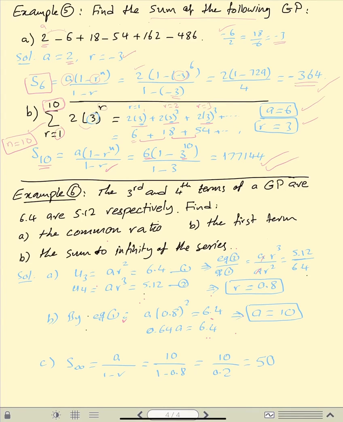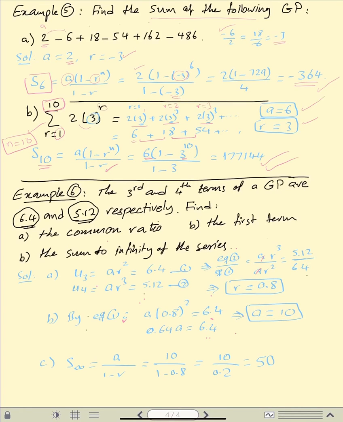Last example, my dear students, for today. If the third and the fourth terms of a geometric sequence are 6.4 and 5.12 respectively, the third is this, the fourth is this.